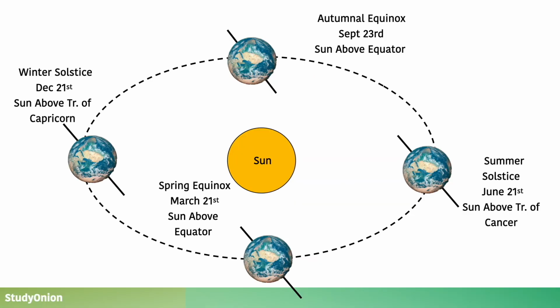If we ignore precession, the Earth's axis of rotation remains fixed with respect to the stars, but not with respect to the Sun. During one solar orbit, the Sun lies directly above key latitudes on key dates, as shown in this diagram. The exact dates can vary each year by plus or minus 2 days.